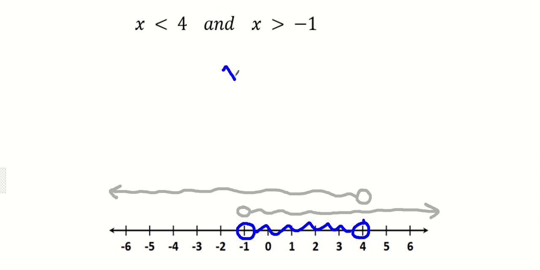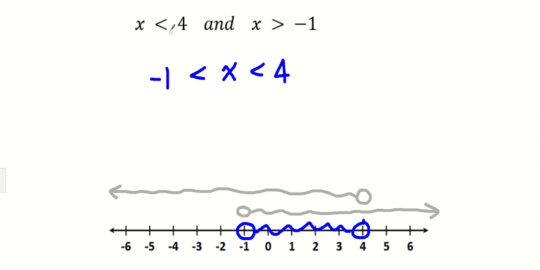I don't know if I'm getting a little ahead of myself, but when you have an and, oftentimes it's going to be written like this, where you're in between -1 and 4. So you're talking about all numbers that are in between -1 and 4, not including 4, open circle, right?